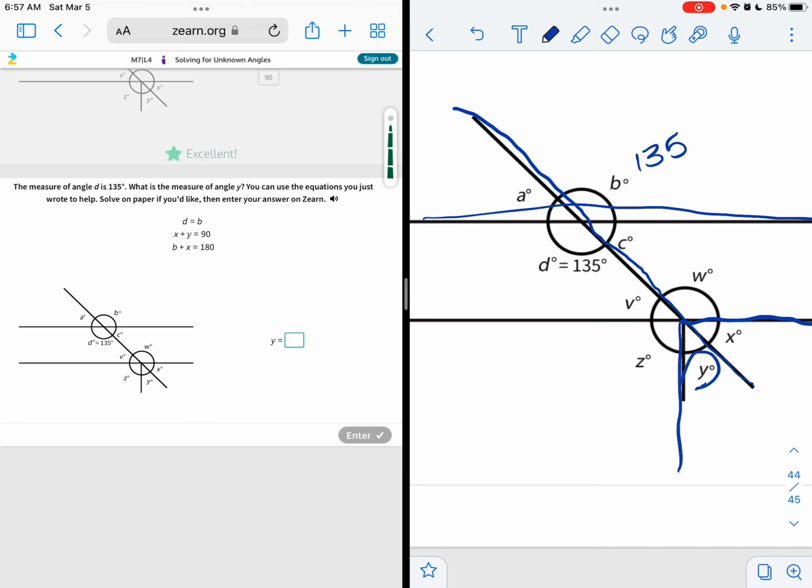Oh, and we're solving for y down here. So this is 45. And then this here would be 45.